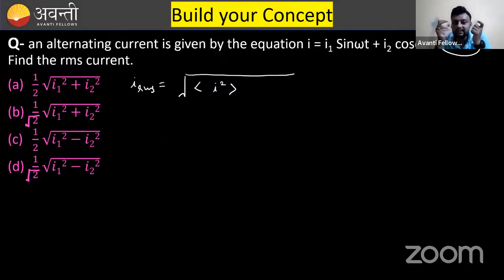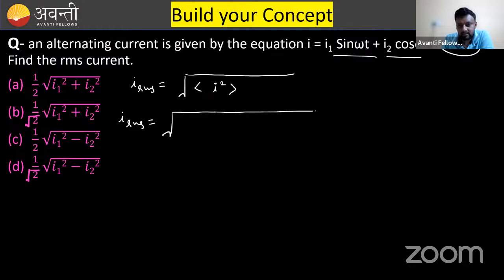Now, what is I? I is given as I1 sin omega t plus I2 cos omega t. So you just need to square it, as per the relation. So IRMS will become root, which is already there, and mean of I square.